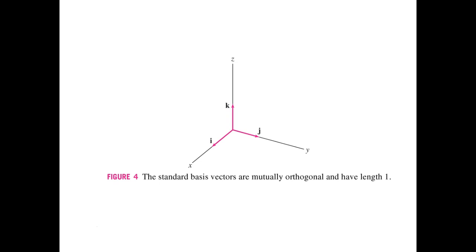Standard basis vectors are mutually orthogonal. They have length of 1. So therefore, not just standard basis vectors, standard basis unit vectors are mutually orthogonal and have length of 1. Length of 1 means they're unit vectors. Okay.